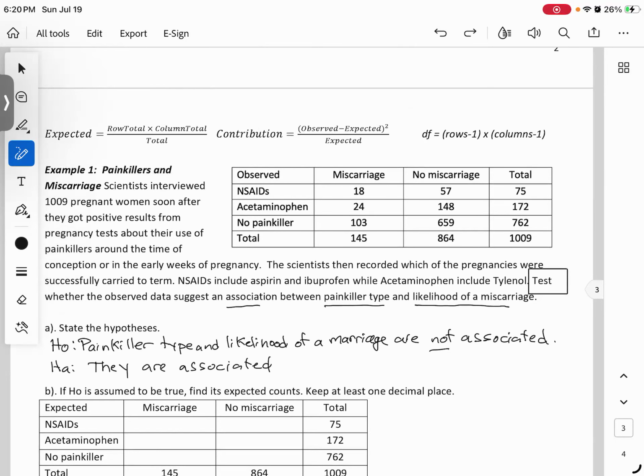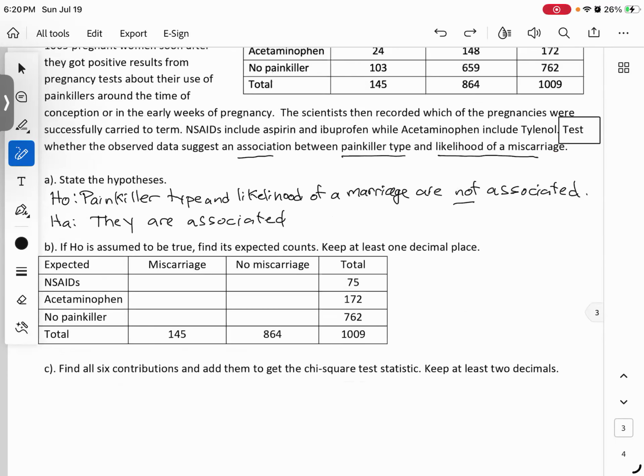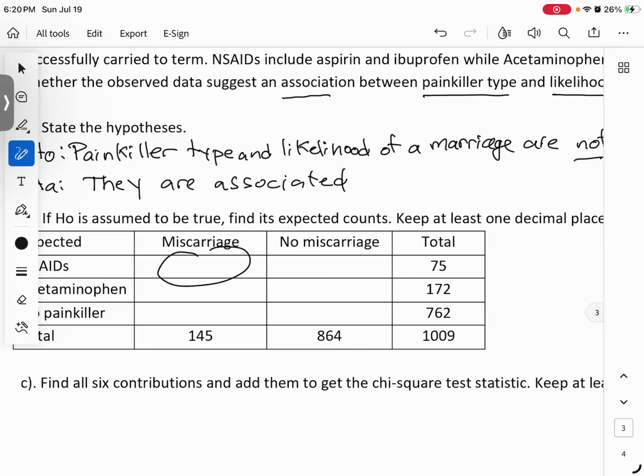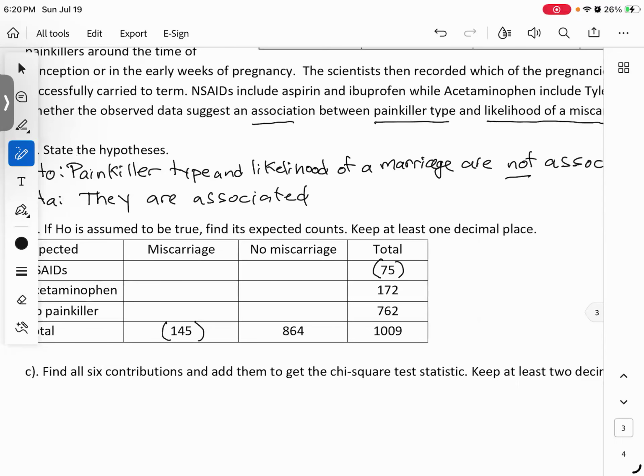So to get us started, let's do this very first corner box. Take the row total times the column total and multiply them. So in your calculator, you use 75 times 145 and then divide by the total, which is the 1009.